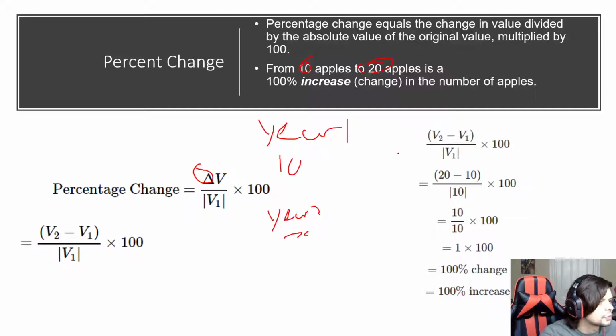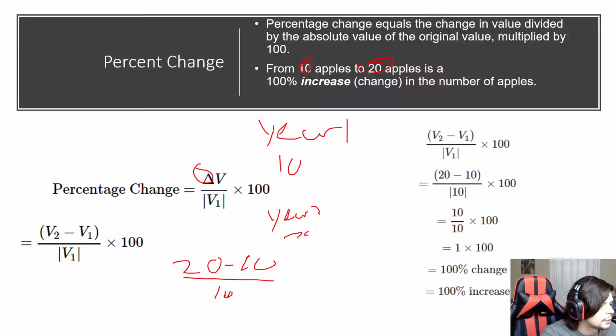What's the percent change? So let's calculate this out. We put year 2 first: year 2, 20, minus year 1, 10, divided by the absolute value of year 1, which is 10.